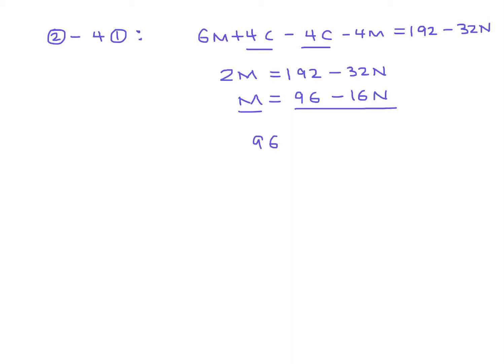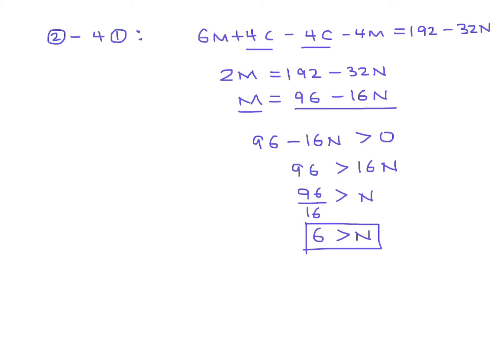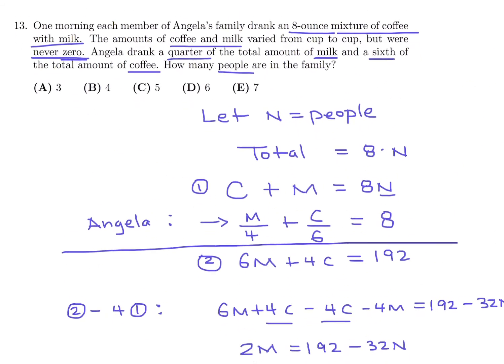So that means that 96 minus 16N has to be greater than 0. So solving for this, put the 16N to the other side. We get 16N is less than 96, and therefore N is less than 96 over 16. N is less than 6. So we found at least a range for N. We don't know what N is.